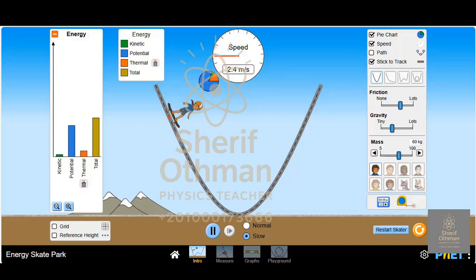The skater's mechanical energy is converted to thermal energy. By time, the skater will lose its elevation, and the mechanical energy will not be conserved, as there is an external force acting on the system, which is called friction force.